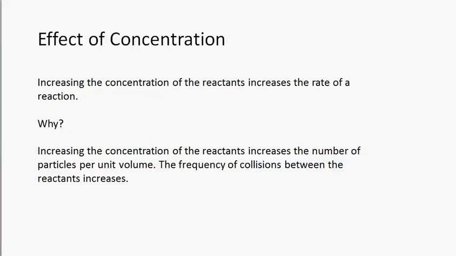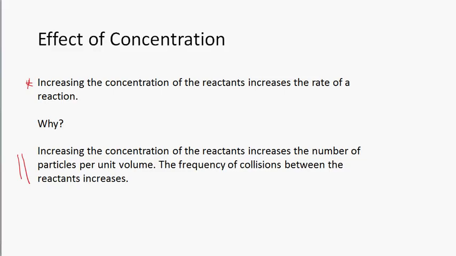Let us look at concentration. Okay, so the increase in the concentration of the reactants increases the rate of a reaction. Alright, so we need to know that and why. When we increase the concentration of the reactants, we increase the number of particles per unit volume present in the reaction mixture.